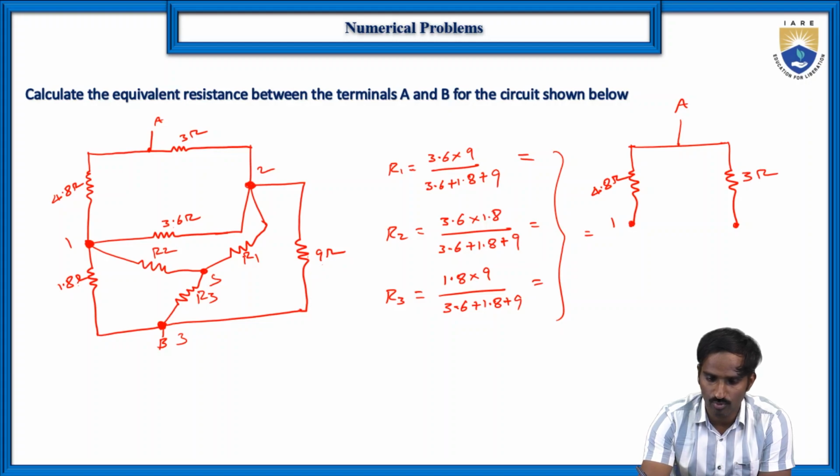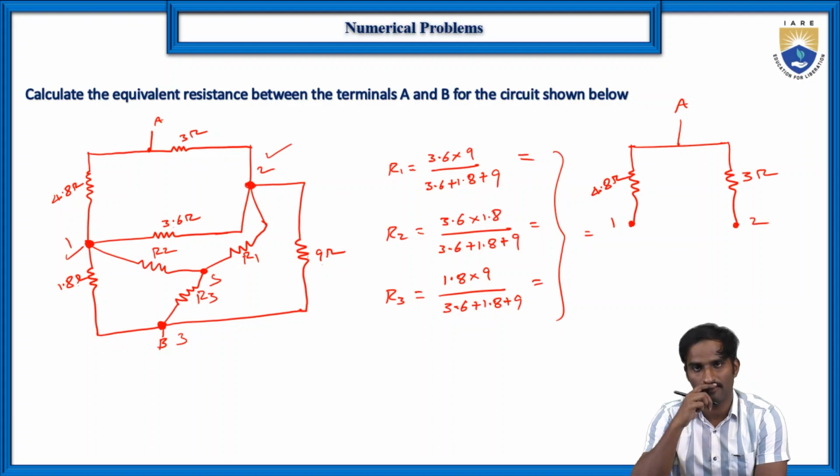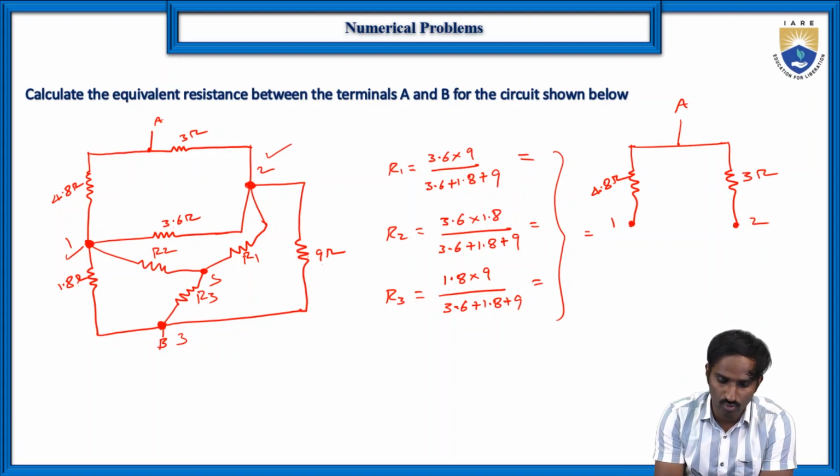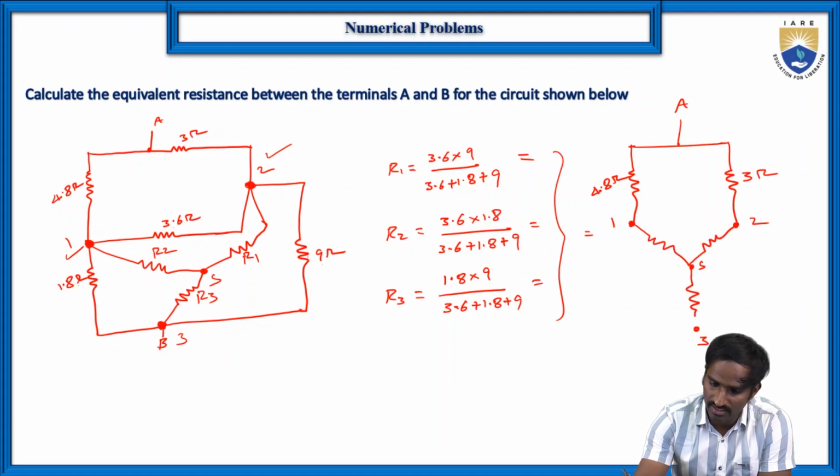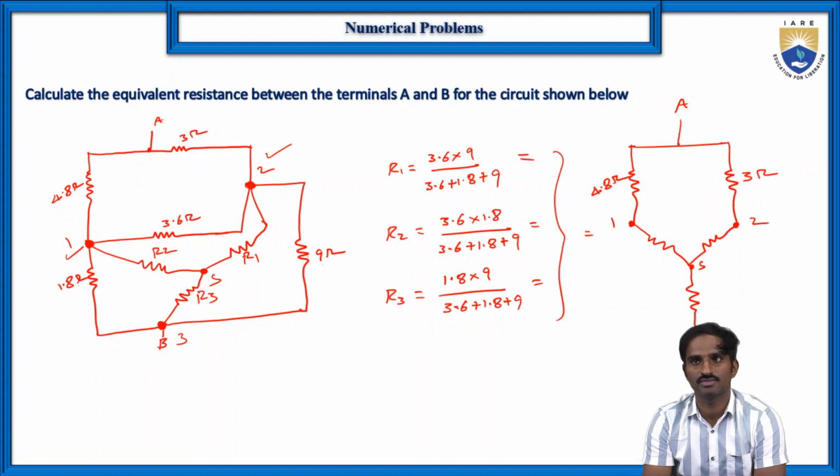So the other end of the 4.8 is connected to node 1 here, and the other end of 3 is connected to node 2 here. And node 3, so let us consider here it is the S, and here somewhere it is the node 3. So then in between 1 and S one resistor is there, and 2 and S one resistor is there, and here 3 and S also another resistor is there, right?